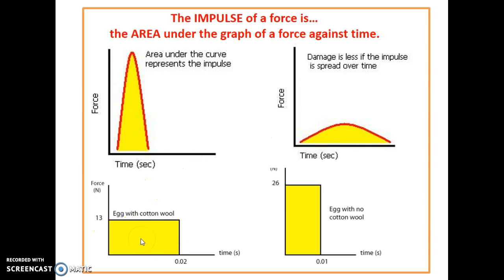So here, for example, is an egg with cotton wool. You can see how the cotton wool will absorb some of the shock, and here's the egg falling from a height with no cotton wool to cushion the landing, and so you've got a large force, in a shorter time, which means the egg will crack.